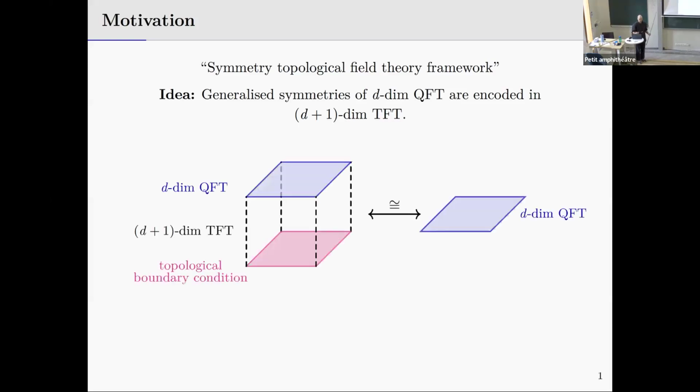And moreover, it's expected that you can actually reproduce a lot of information about your d-dimensional quantum field theory by instead considering a system in one dimension higher, which is just taking a cylinder over whatever you did before, but in the bulk you have just the topological degrees of freedom. On one boundary you have the actual quantum field theory, and on the other boundary you have a topological boundary condition, and then you can do this sort of dimensional reduction. And this should somehow give you back.